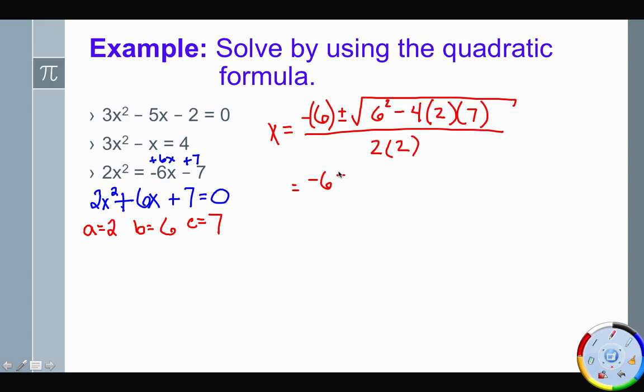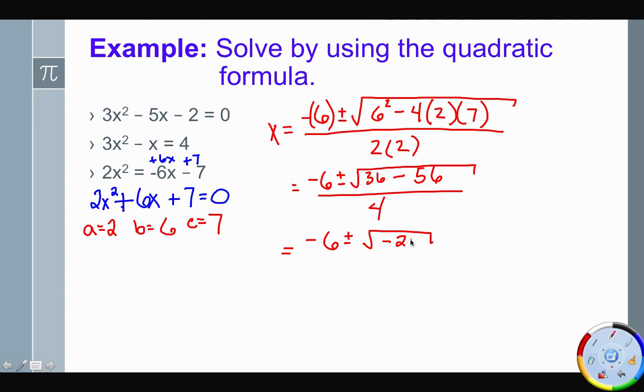Negative 6 plus or minus 6 squared is 36. 4 times 2 is 8 times 7 is 56. Simplify a little bit more. We get negative 6 plus or minus the square root of negative 20 all over 4.